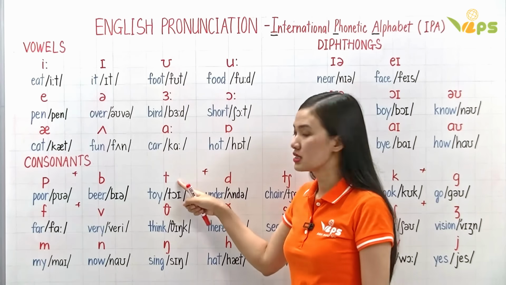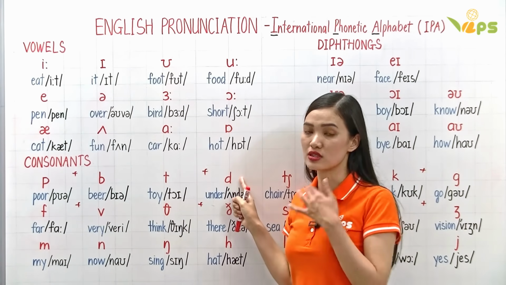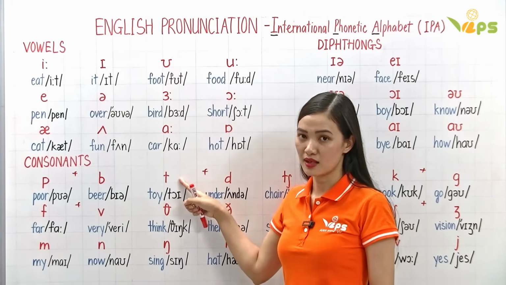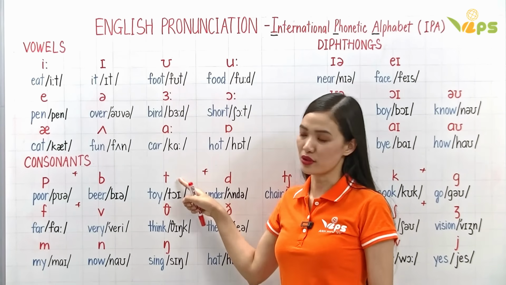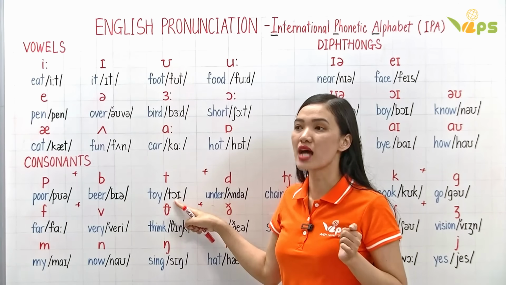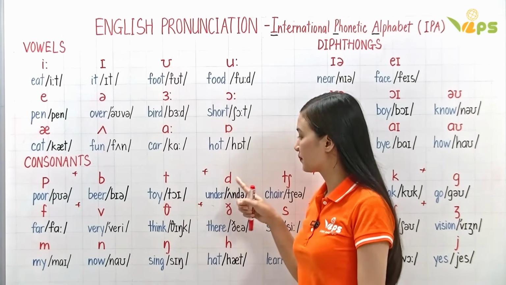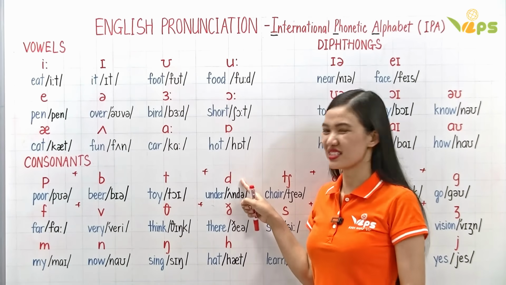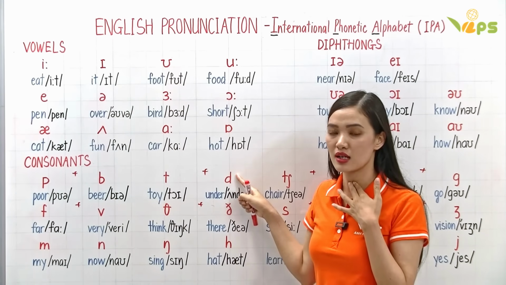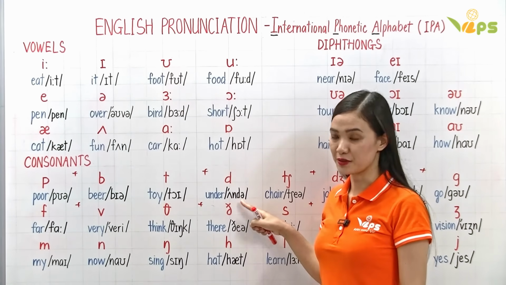This pair, T, and this one with vibration, D. T, unvoiced. Toy, two teeth together, T, toy. This one, still two teeth together, but with vibration here, D. Under.